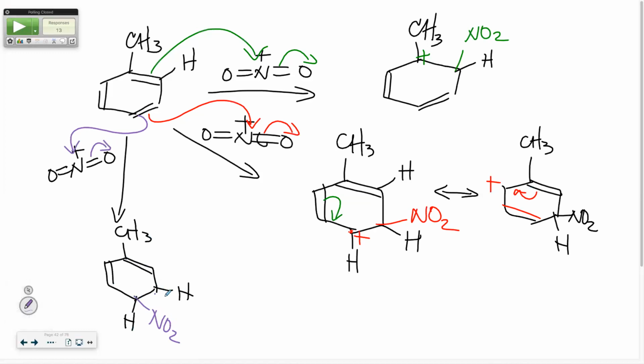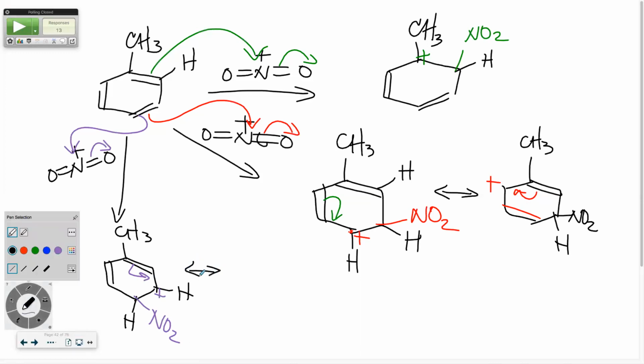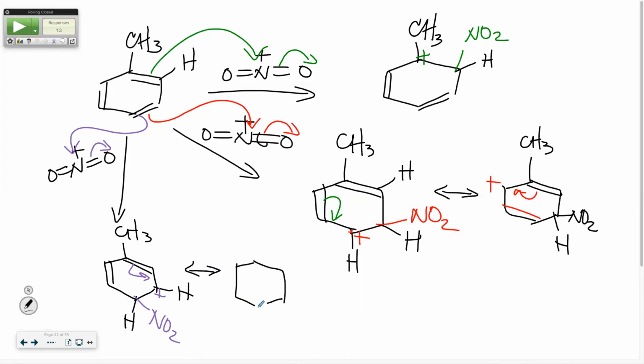This one is, right? Well, it's not right next to the methyl, but what happens if you look at the resonance form? Look at what carbon is going to end up plus in that resonance form. Okay, I'm going to draw what we didn't change.